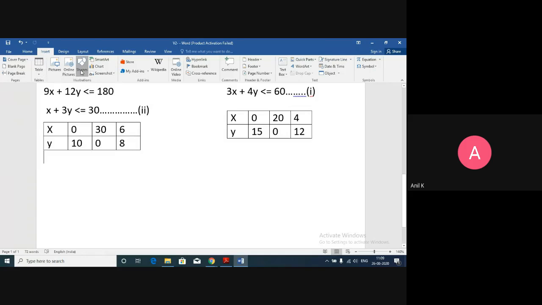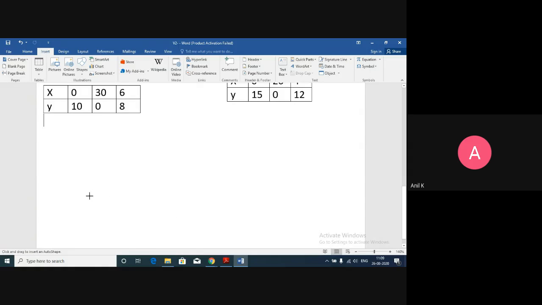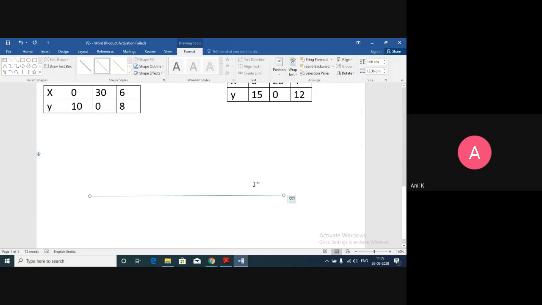Insert. Let me take x value and y value. This is x axis. So what we do is we don't have any negative values, okay?